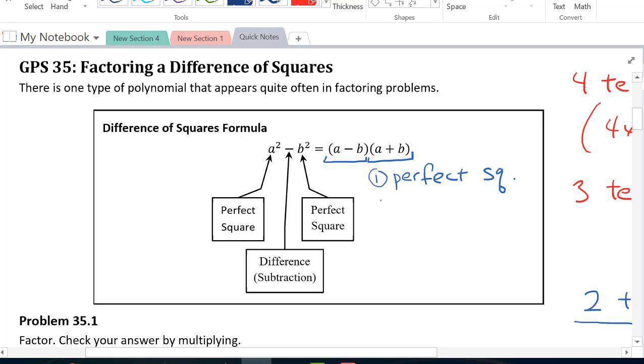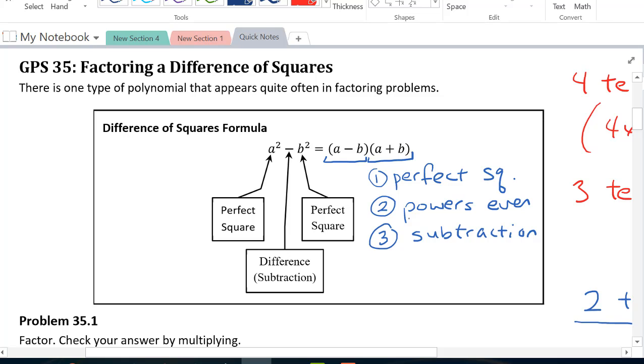We'll talk about that in a few minutes. The second is that the powers are even, meaning the power has to be a 2 or a 4 or a 6 or 8 and so on. The last thing we need to check is that it is a subtraction. That means that if it's a plus, something plus something, you cannot use this method.